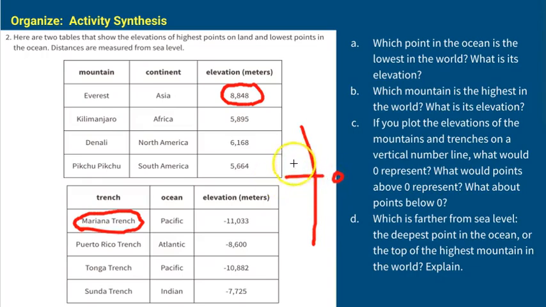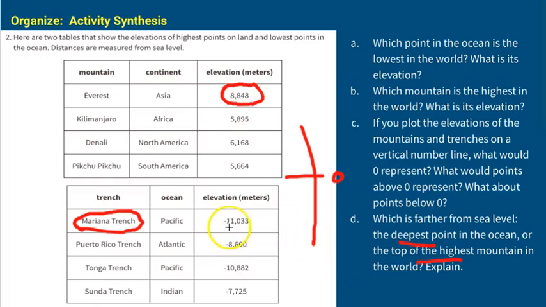And then when you're talking about the mountains, mountains are going to be positive numbers because they are taller than sea level. And the trenches that are deep within the ocean are going to be negative numbers compared to 0 because they are below the surface of the ocean. Which is farthest from sea level, the deepest point in the ocean or the highest mountain?